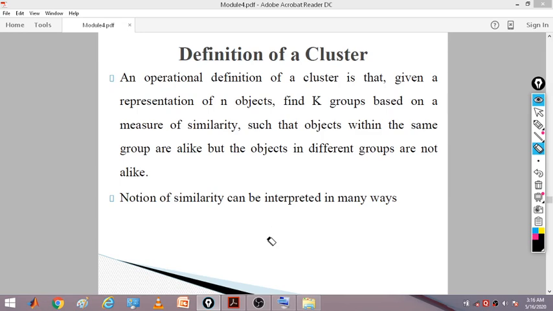Like when we divide t-shirts into small, medium and XL sizes, they have similarity in terms of size. They may differ in colors and brands, but the similarity exists. What is the similarity criteria here? Size.